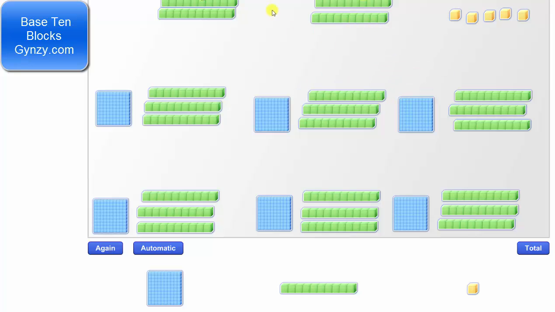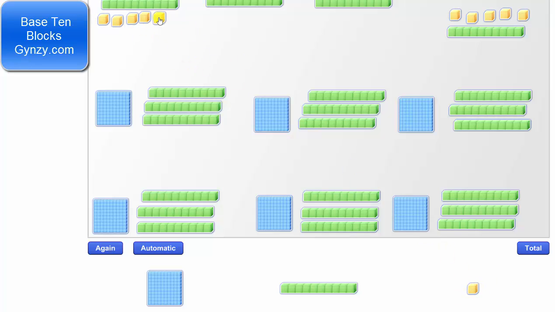Notice how we still have 4 rods, but because we cannot share these 4 rods equally among these 6 groups, we need to perform another exchange. Each rod is equal to 10 units. We will exchange 10 units for each of these 4 rods. Here's the first exchange.